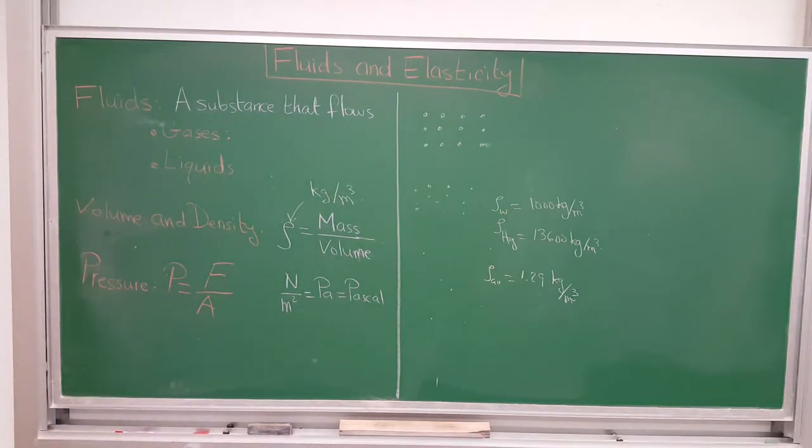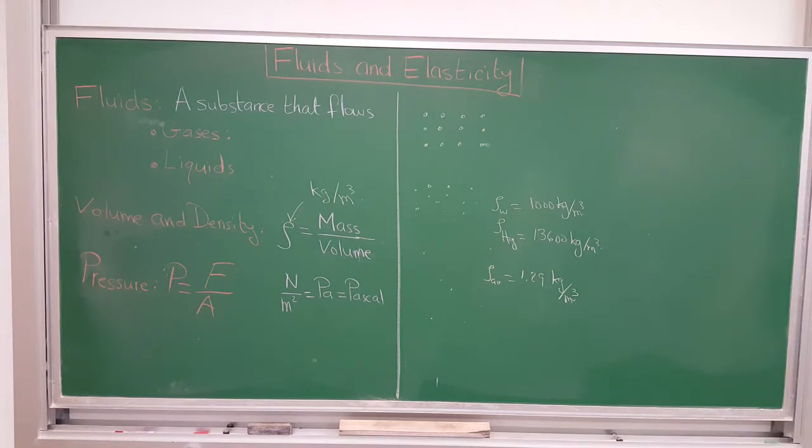For example, helium gas has a density of 0.18 kilograms per cubic meter. Air, as I wrote, 1.29. Gasoline, which is a liquid, is 680 kilograms per cubic meter. Typical oil would be about 900 kilograms per cubic meter. Water is 1,000. And I will just read the numbers.